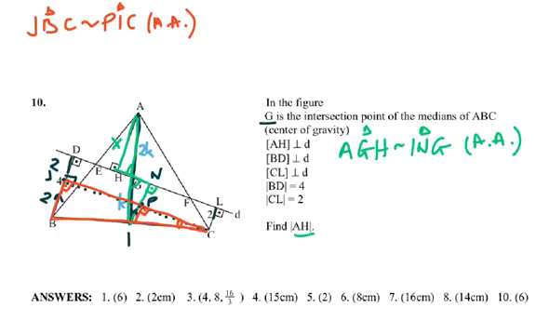Now we have some information here. We've got that the side length here is 2 over here. We also know that AI was a median because it goes through G, and that means that these lengths here are equal. So that means that the ratios of the sides must be in the ratio 1 to 2.